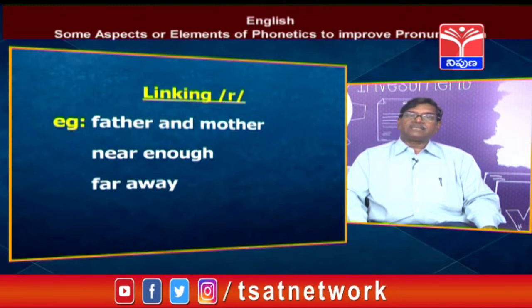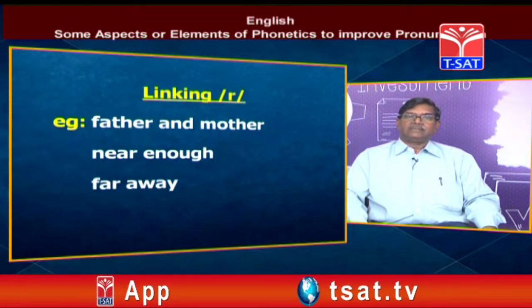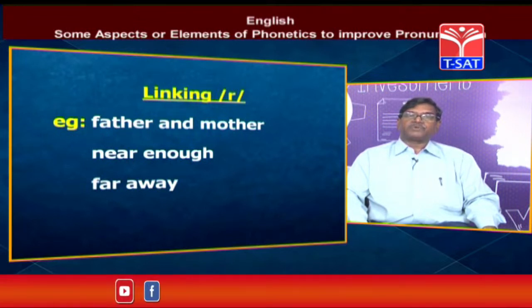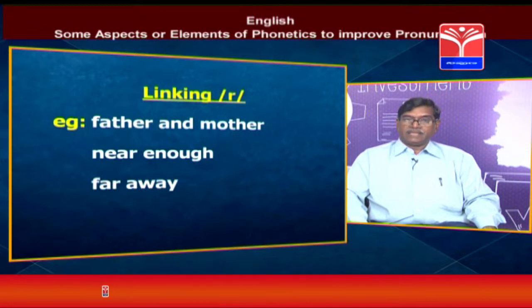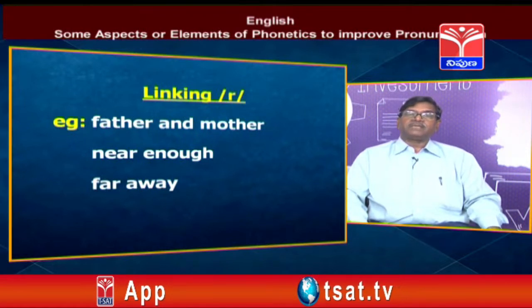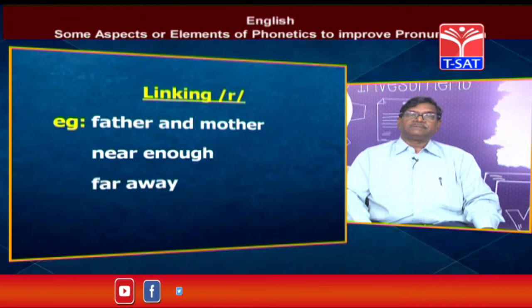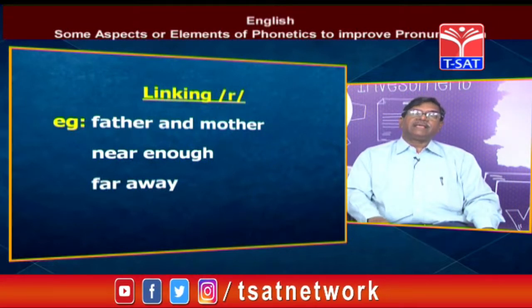But in the case of father and mother, the next word begins with a vowel sound. So, the word ending R is pronounced here, father and mother, near enough, far away. So, like that, the word ending R is pronounced when it is followed by a word which begins with a vowel sound.